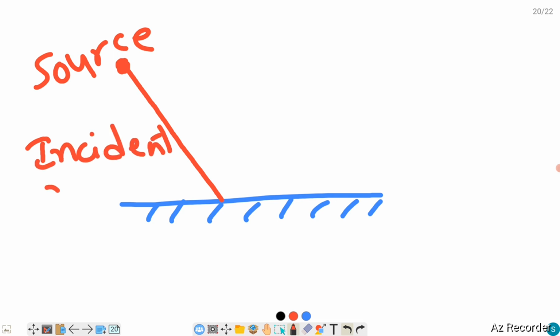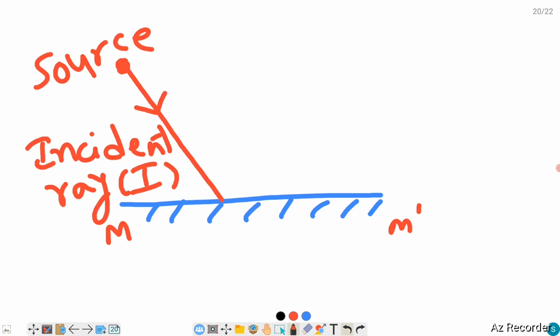Understood? Arrow mark you have to show towards the mirror. Name it as MM dash. I am taking MM dash as the mirror. That's all. And incident ray is denoted with letter capital I.